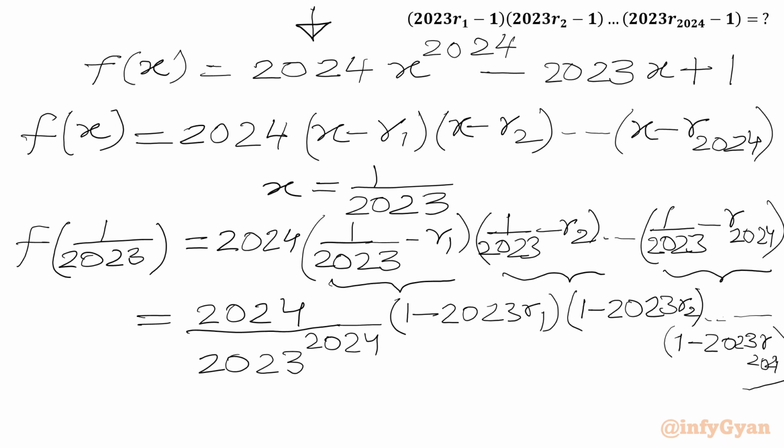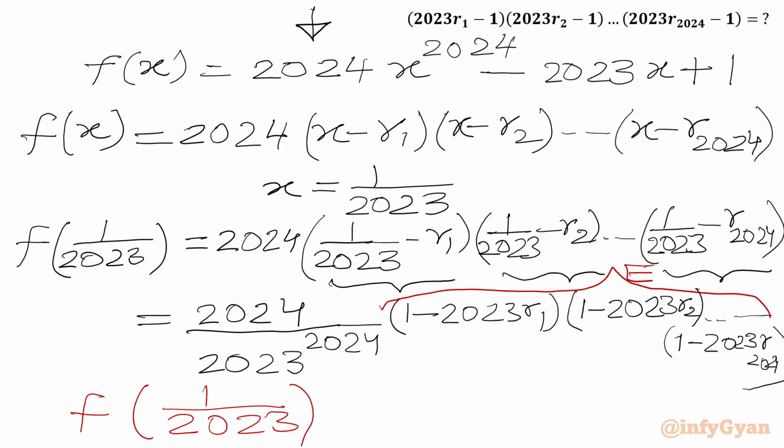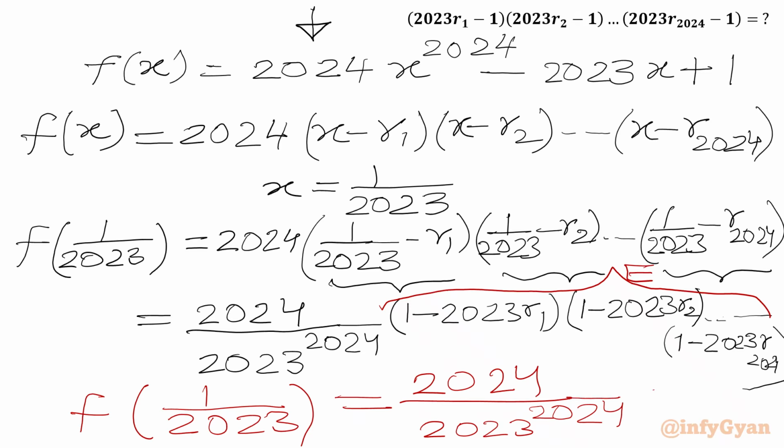And from equation number 1, if you check, this is our E. So I can write here f(1 over 2023) equal to 2024 over 2023 raised to the power 2024 times E, the required expression.